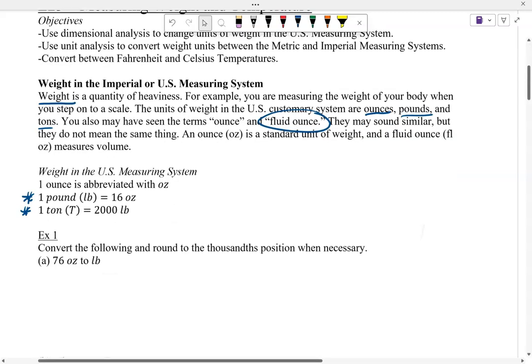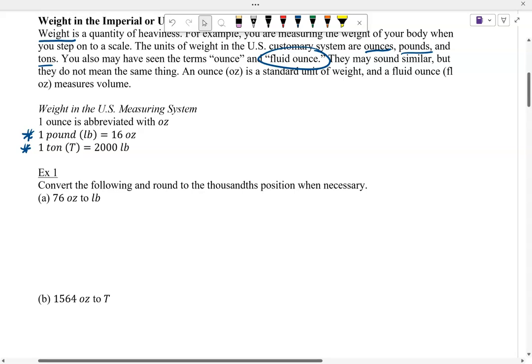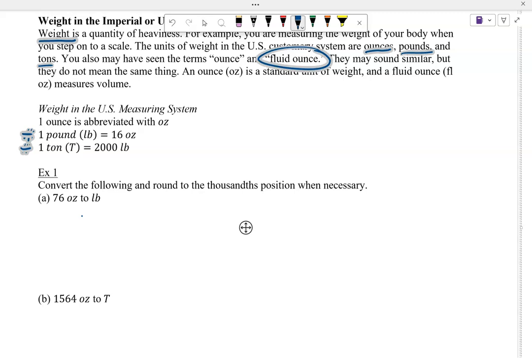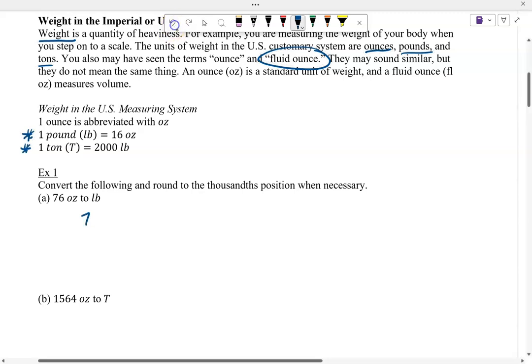Okay, let's go ahead and do a few conversions here. We'll round to the thousandth position. Let's take 76 ounces and convert it to pounds. Well, we know there's 16 ounces for every 1 pound, and we want to get rid of the ounces, so we want the ounces on the bottom.